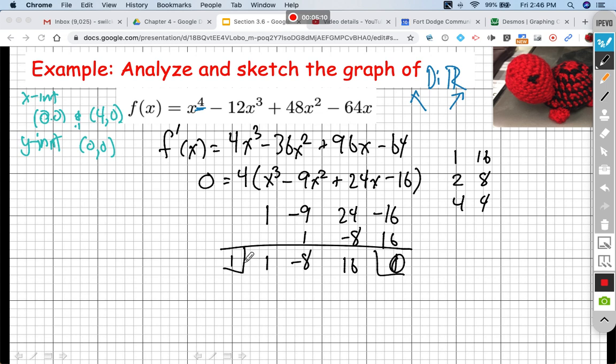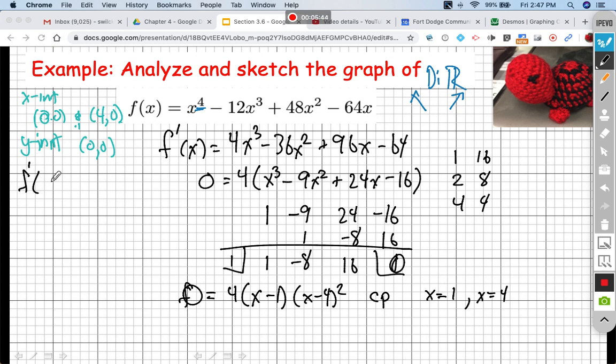My first guess is lucky. And again, x squared minus 8x plus 16 is x minus 4 squared. So 0 should equal 4 times x minus 1 times x minus 4 squared. So my critical points are going to be at x equals 1 and x equals 4.